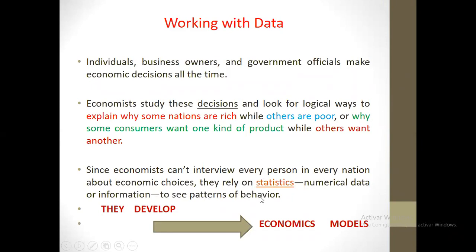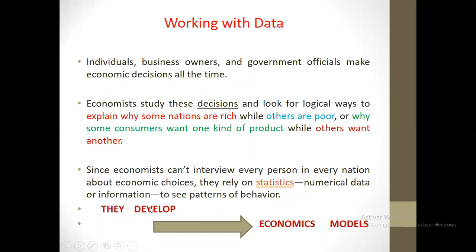Patrones de conducta, patrones de comportamiento, cómo se comporta la economía, cómo se comporta el azúcar, cómo se comporta la gasolina, cómo se comportan las ventas, cómo se comporta la oferta, cómo se comporta la demanda en la economía, right?